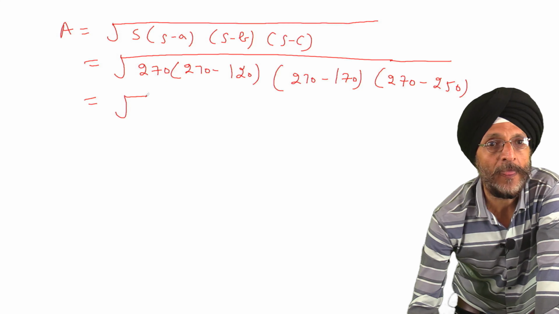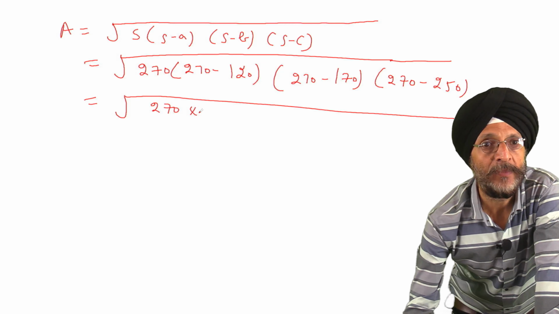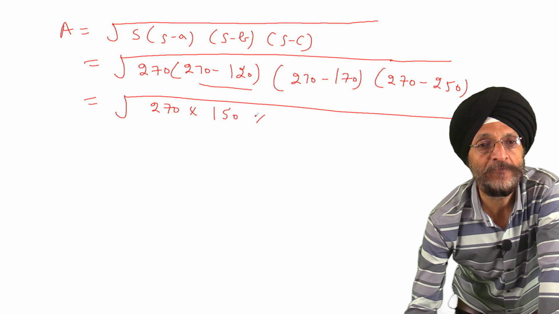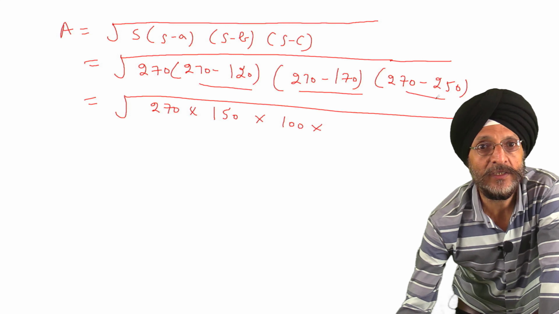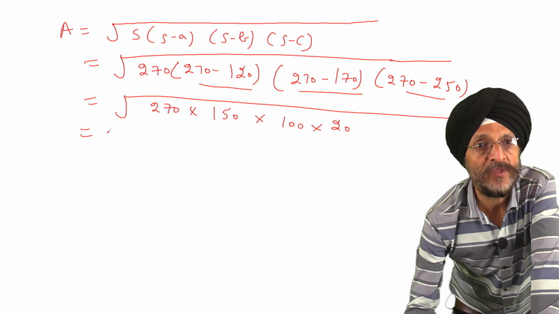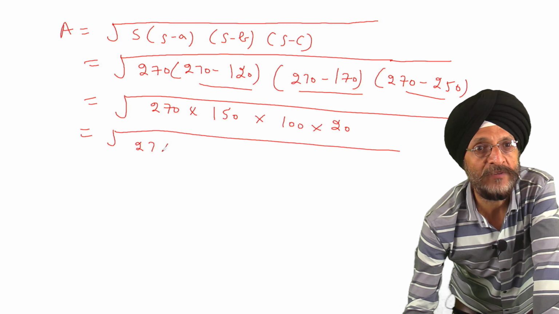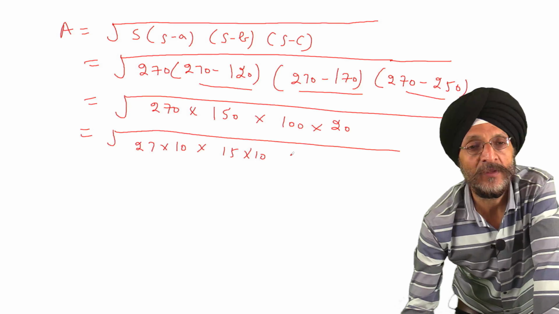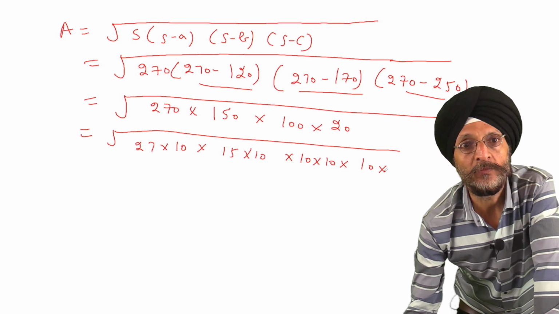We will solve it. 270 multiplied by, it will come as 150. It will come as 100. It will come as 20. We can also write it as 27 into 10, 15 into 10, 10 into 10, 10 into 2.